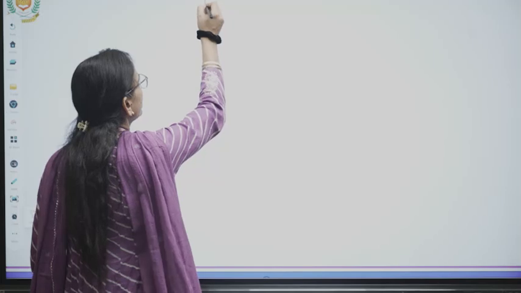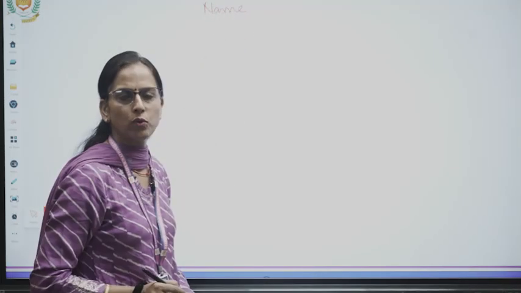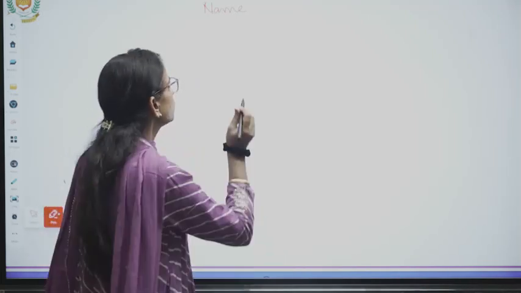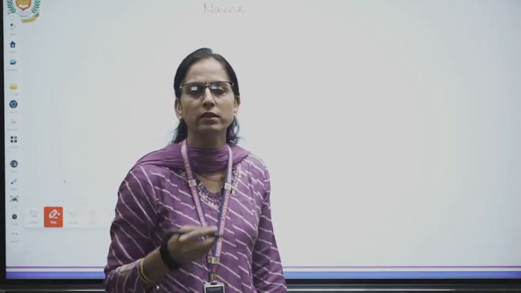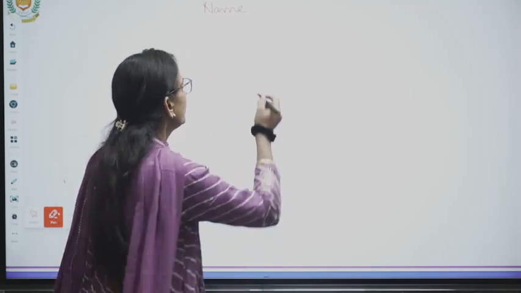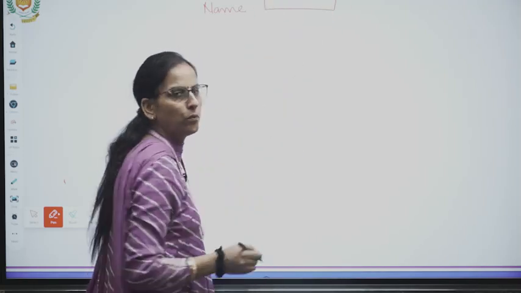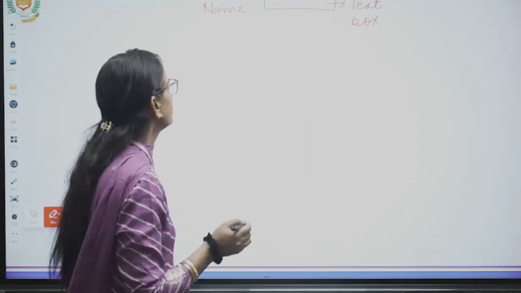Suppose we start creating a form. First of all, we need to write the name of the applicant, the name of the person. For this, what type of control do we need to create? This we have to decide. We will be taking the box which is known as the text box.